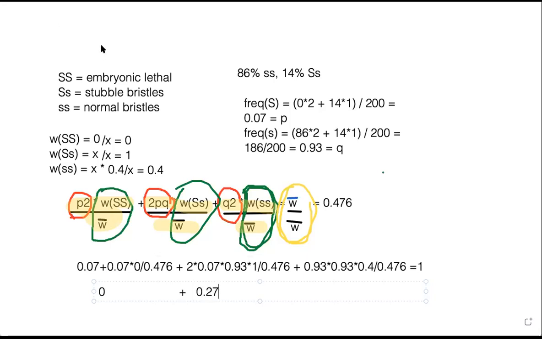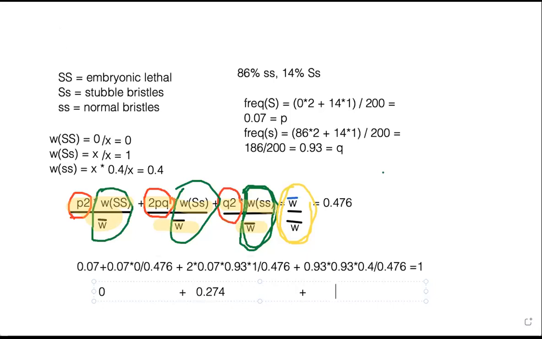It's actually 0.274. And then this third term is going to be 0.93 times 0.93 times 0.4 divided by 0.476.